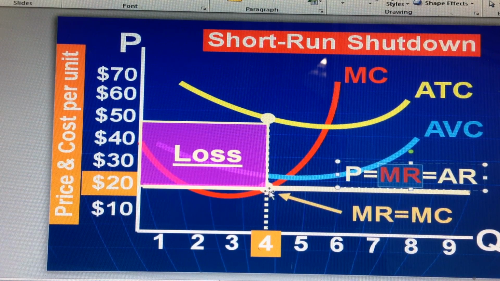But at 4, what happened? The price that you're selling is 20. Can you see? You already made a loss. Your total cost including the rental or whatever is 50, but you're selling at 20. And what is the variable? Look at the variable. The variable is about 25.